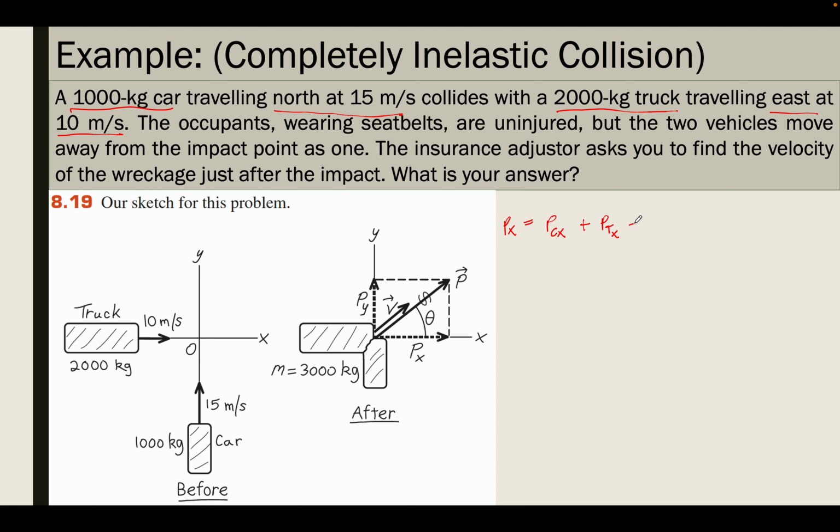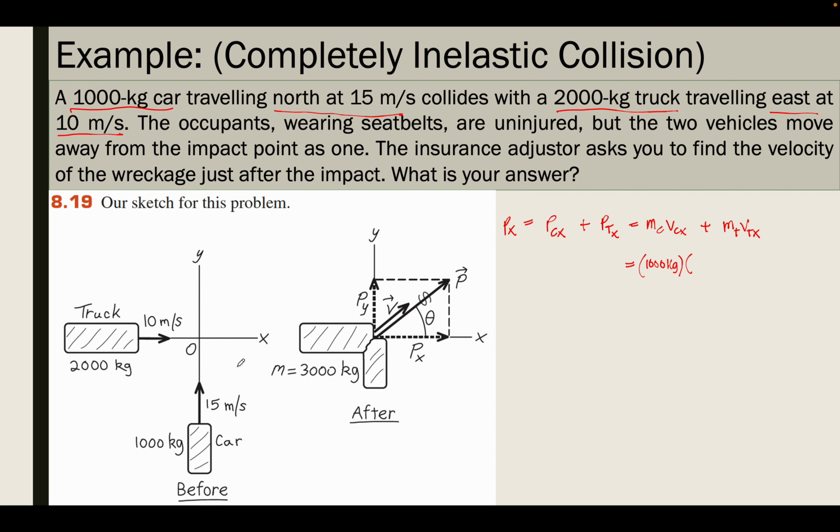Okay, so for the momentum of the car, we have mass of the car times the velocity of the car along the x-axis, plus for the truck, we have the mass of the truck times the velocity of the truck along the x-axis. Okay, so mass of the car, we have 1,000 kilograms times the velocity of the car along the x-axis.